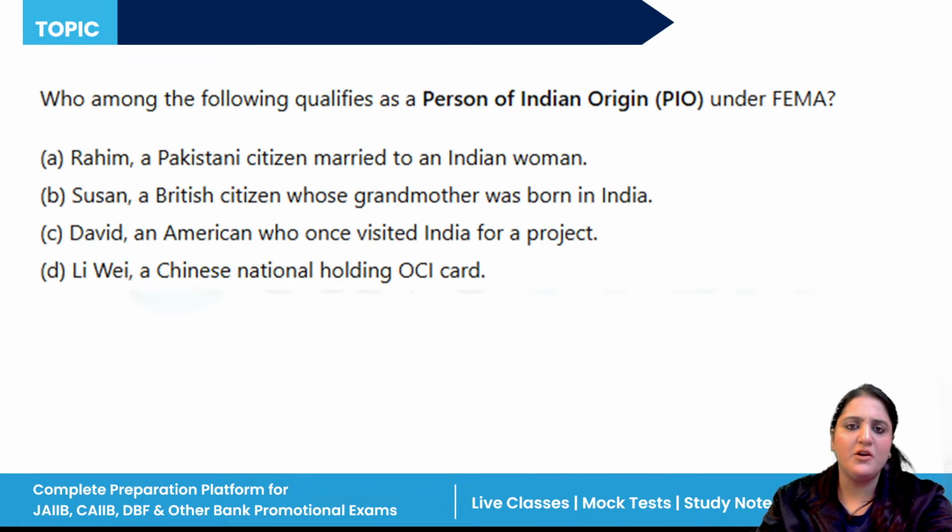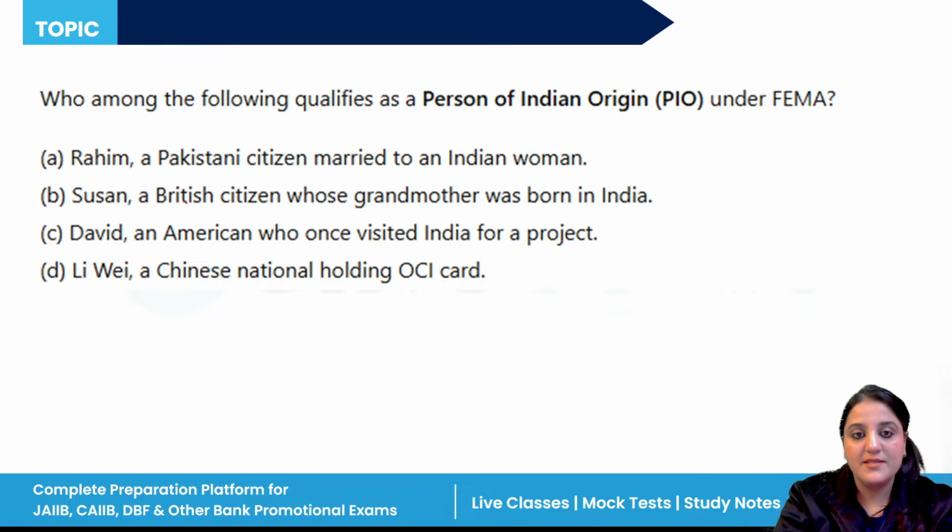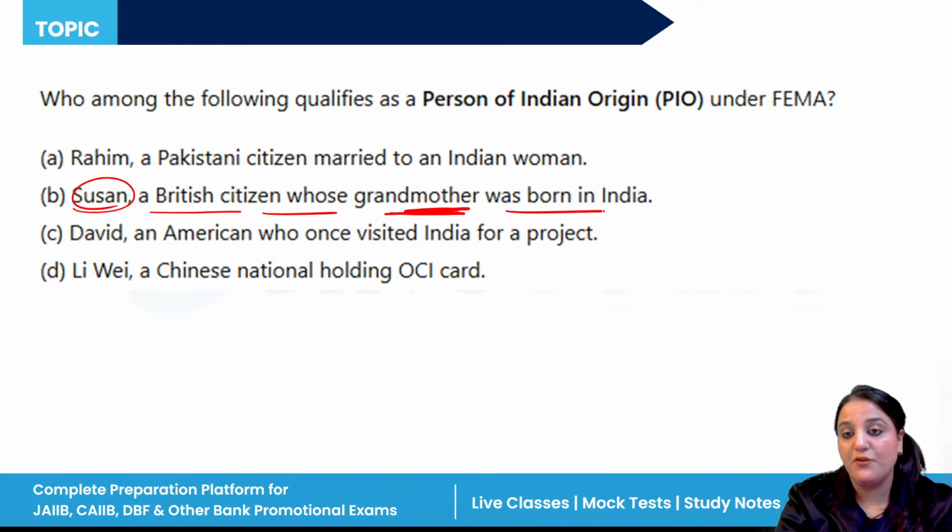Which among the following qualifies as a PIO under FEMA? Simple. Here option B, because if any child, grandchild, great grandchild is there, so we can say Suzanne, a British citizen whose grandmother was born in India.